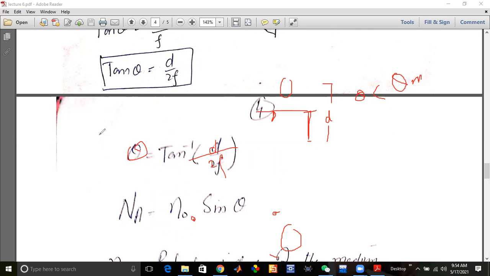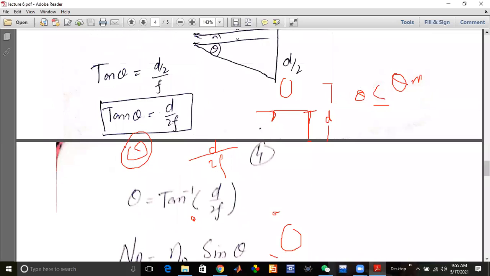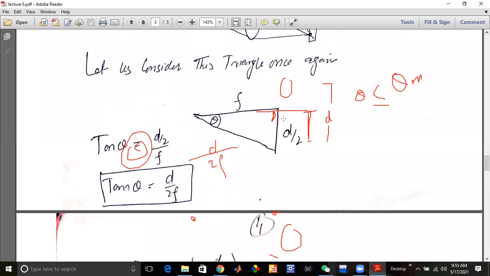This theta must be equal to theta m, as we consider that the distance from the center to the edge is d by 2 here. So it means that this theta is the maximum acceptance angle.